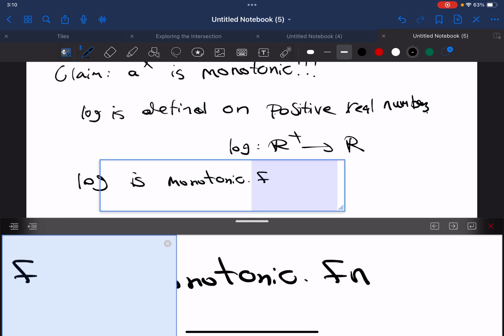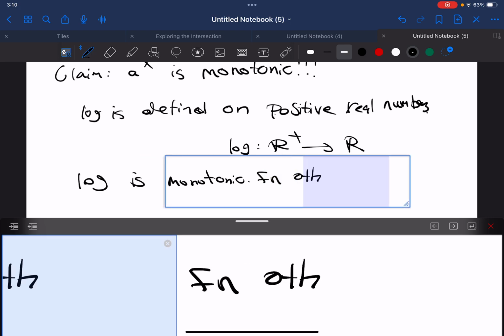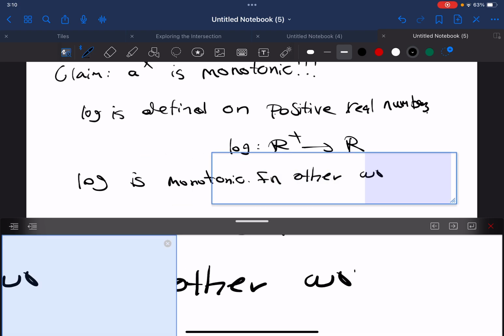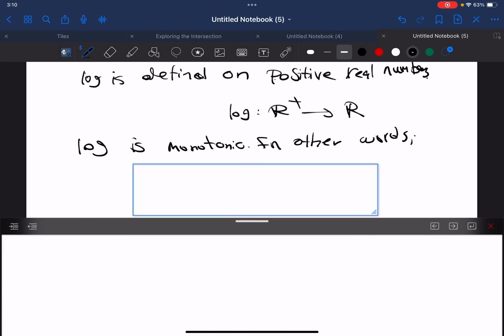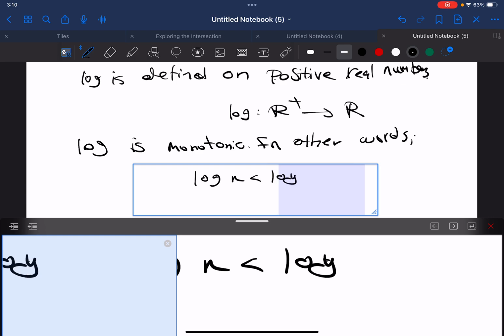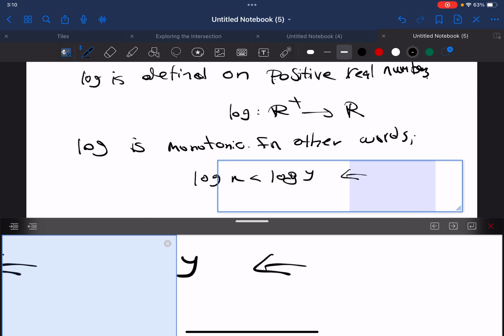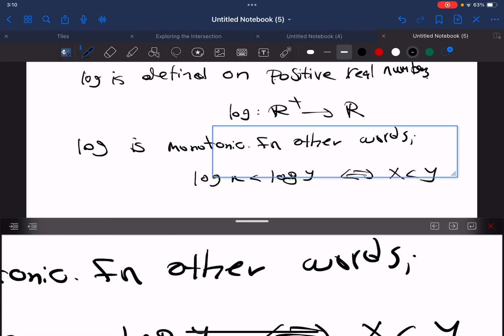In other words, we have log of x less than log of y if and only if x is less than y. So log is increasing and therefore monotonic.